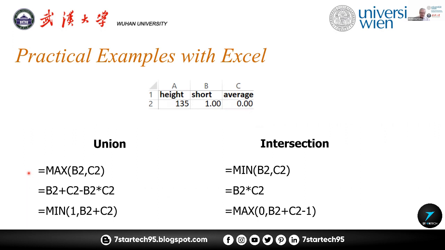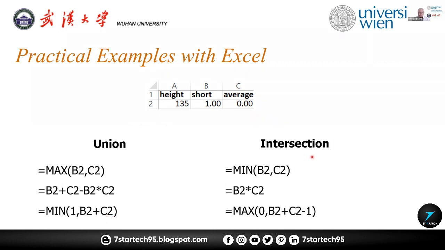This would be the translation into Excel, using the cell values B2 and C2 for short and average. For the union, the maximum operator would be expressed as the maximum of the two values, or the second option, the sum minus the product, or the third option, the minimum of 1 and the sum.